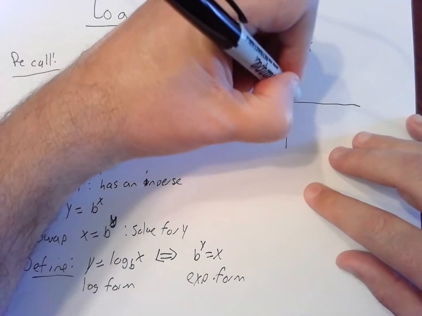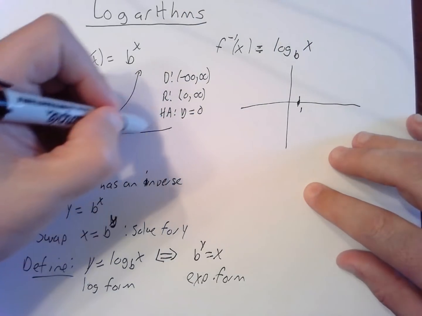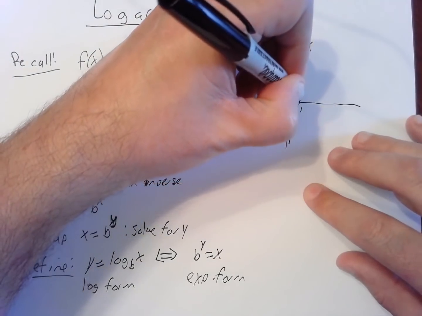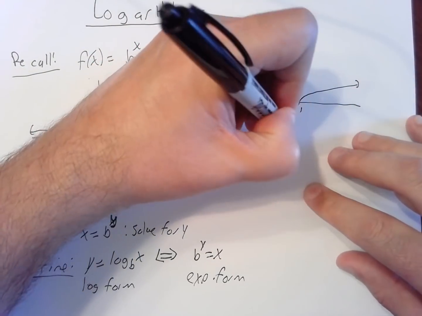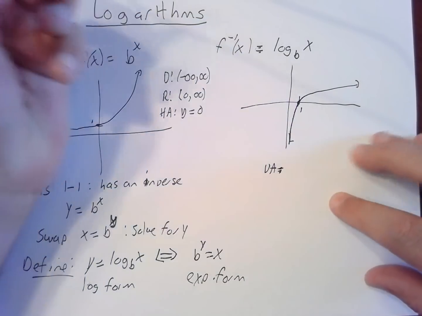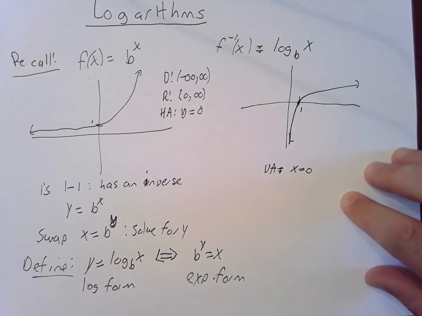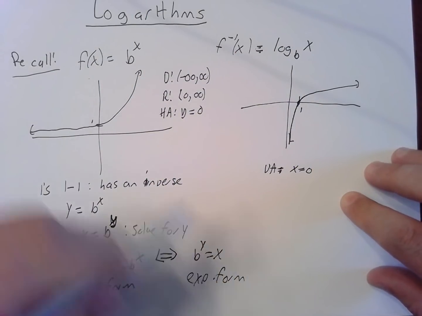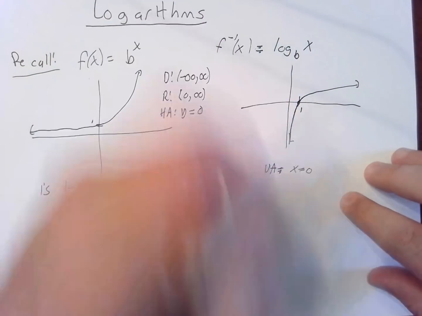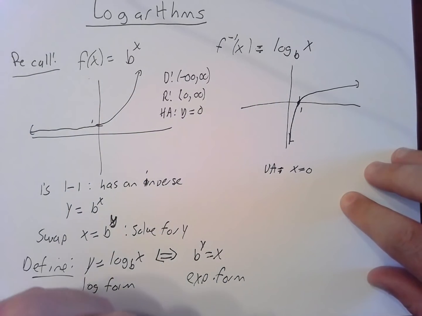So my inverse over here will pass through the point 1, 0. Instead of having a horizontal asymptote, we'll have a vertical asymptote, x equals 0, instead of horizontal y equals 0. And we'll have a graph that is going up like this. This is the graph of log base b of x, where b is some base bigger than 1.